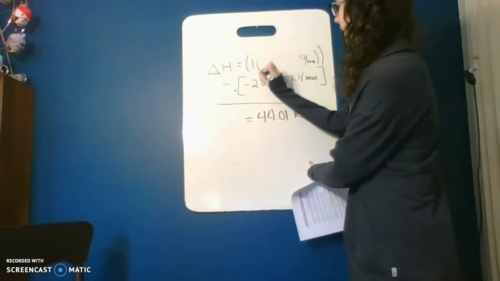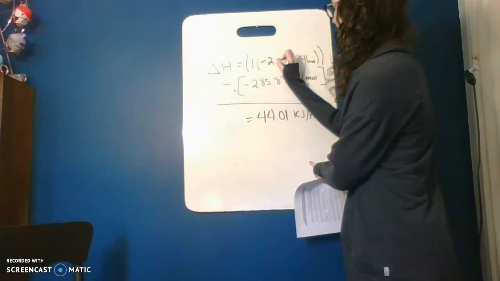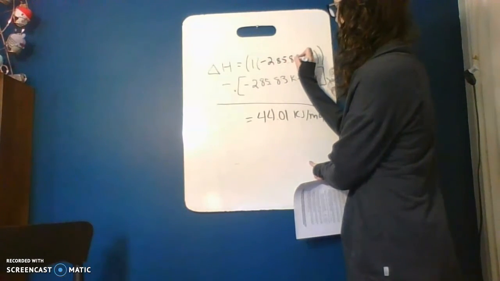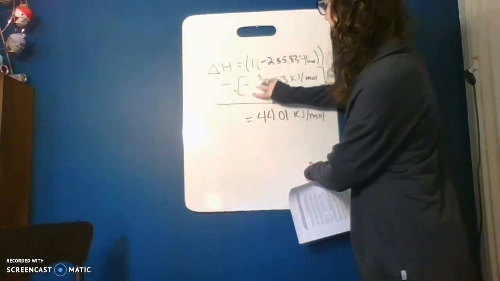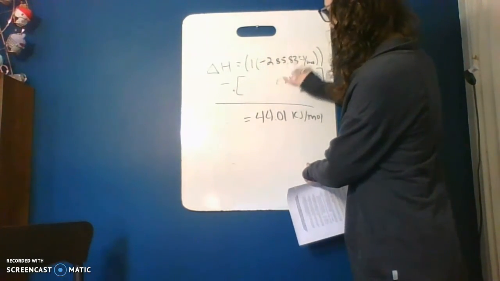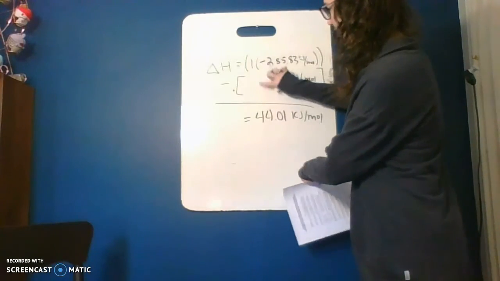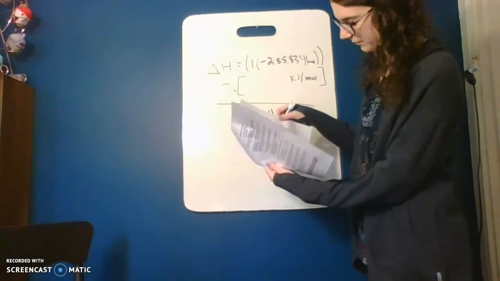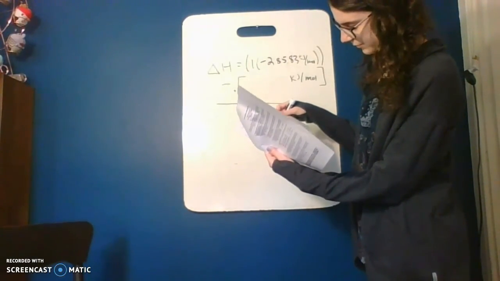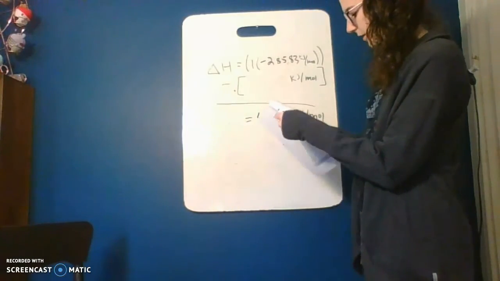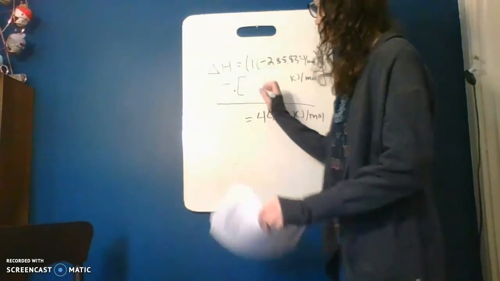I am subtracting 1 times negative 285.83 kilojoules per mole. And from that, I will be subtracting, I forget that value, negative 241.82.